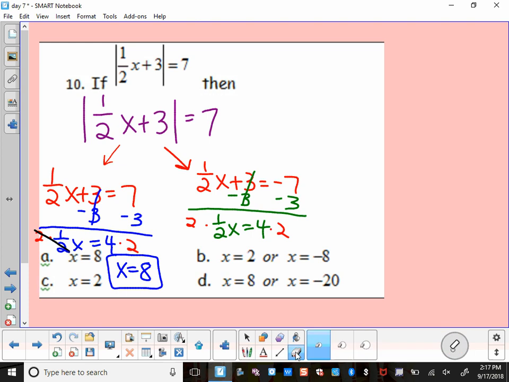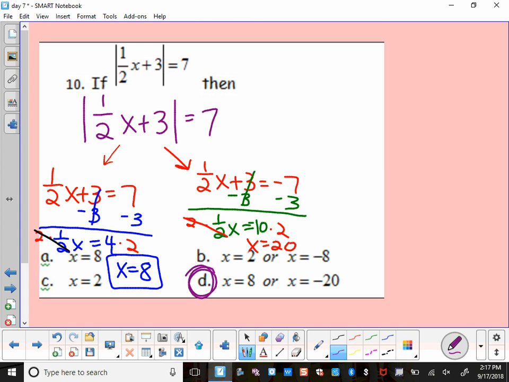Wait, that's wrong. Oh, I'm sorry. Losing my mind. Negative 10. x equals negative 20. Let's check it. Half of 8 is 4 plus 3.